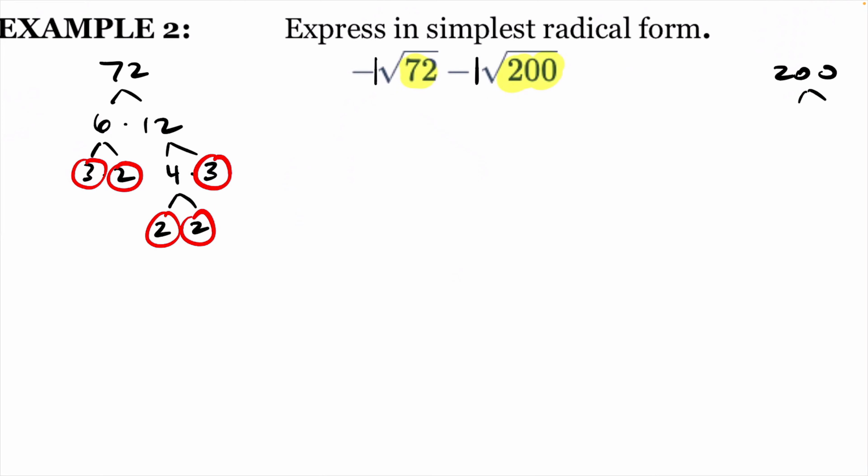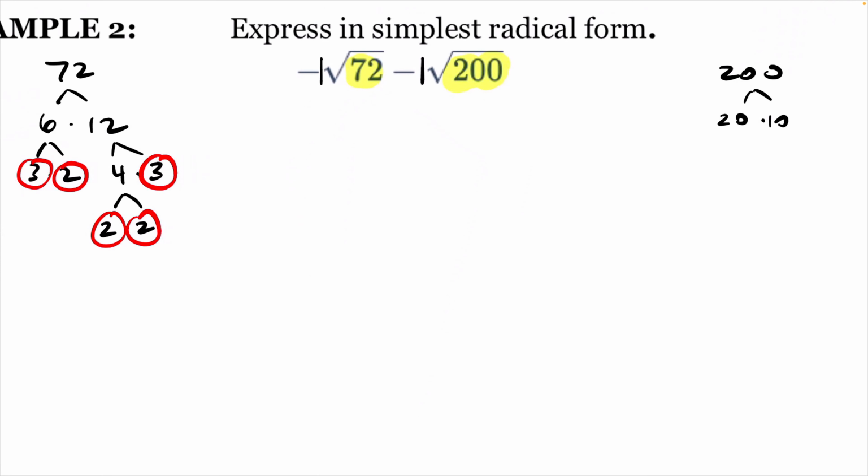Now 200. 20 times 10, 100 times 2, 25 times 8. Any of those work. I'll do 200 as 20 times 10. 20 is 4 times 5, circle the 5. 4 is 2 times 2, circle the 2's.